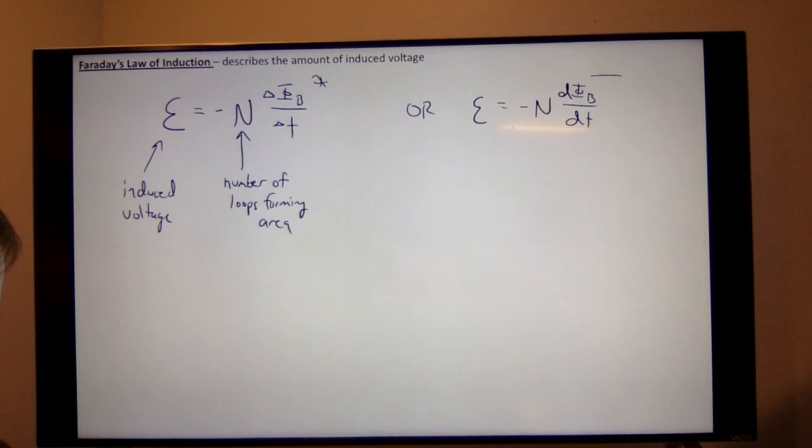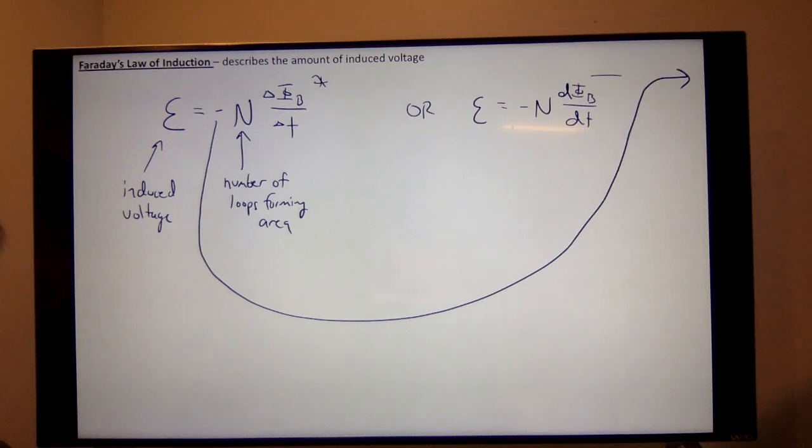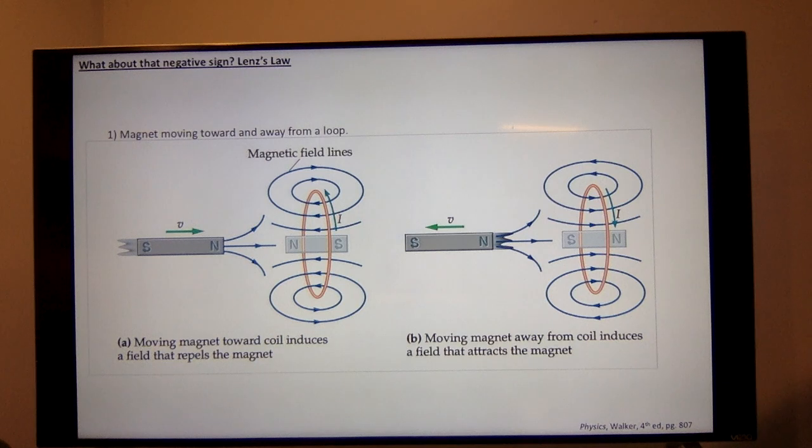This negative sign gets a whole slide of its own. That negative sign is essentially what's known as Lenz's law. Lenz's law tells us something about the direction of the induced current. So here's the way it works.